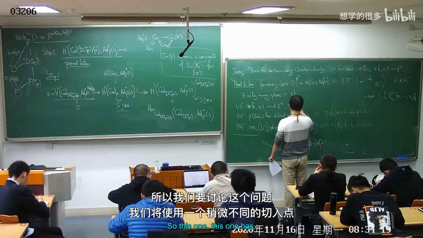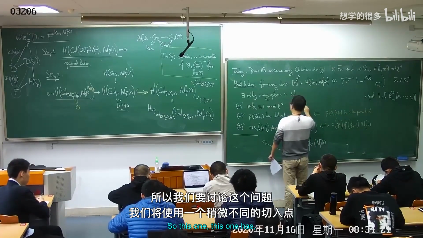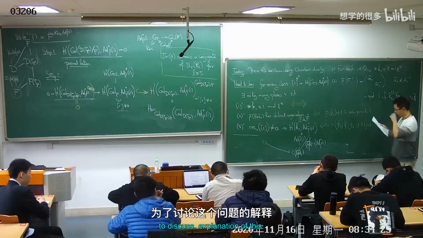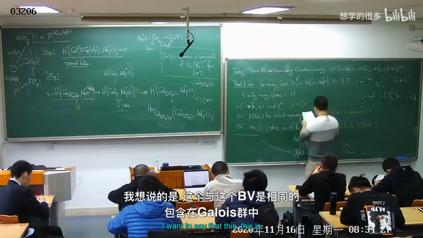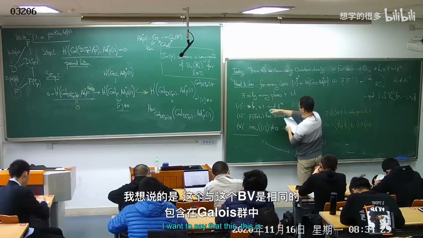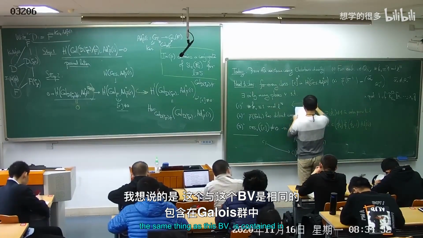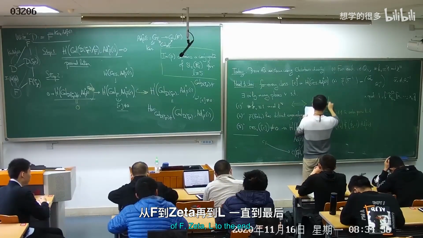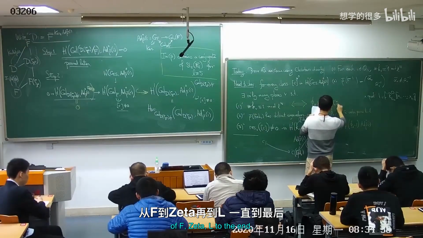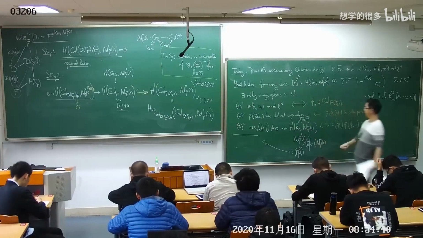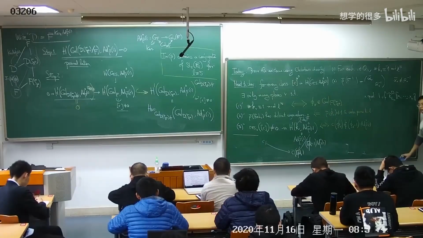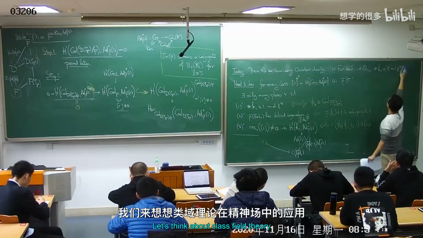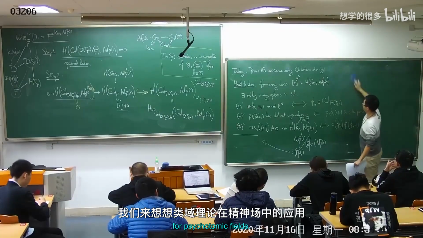So this one, we're going to use a slightly different explanation of this. I want to say that this is the same thing as phi v being contained in the Galois group of F zeta L to the N. So here's why. Let's think about class field theory for cyclotomic fields.